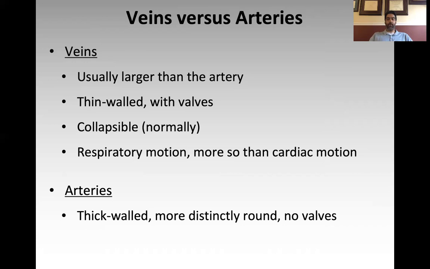And if you do see motion in the veins, you're going to see respiratory motion, as well as transmitted cardiac motion sometimes from the artery. So you may see sort of externally applied pulsatility in the vein, but you will also see phasicity and respiratory motion. So in general, though, veins are larger and thin-walled, and you'll see valves. Whereas arteries tend to be thick-walled, they're more distinctly round in shape, and of course, no valves.